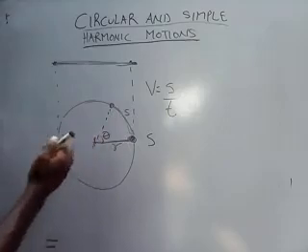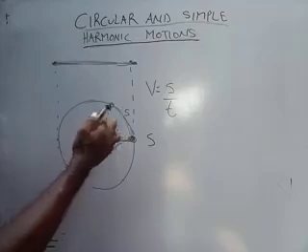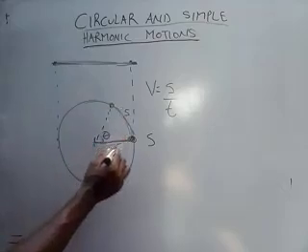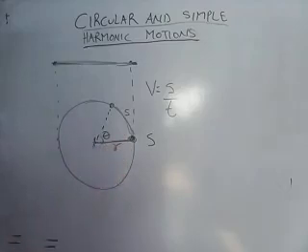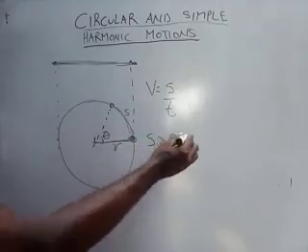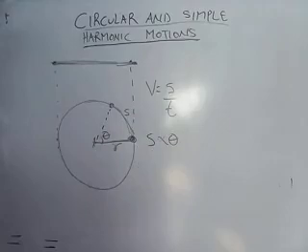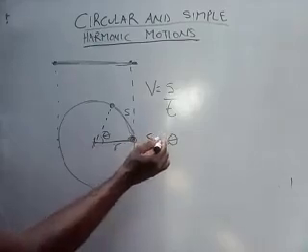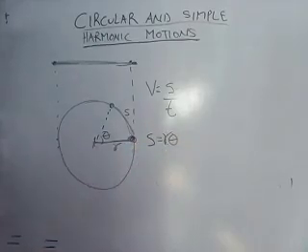As theta decreases, our S value will decrease. And our radius remains constant. So S is proportional to theta. This being our constant, I can put an equals sign and put R here.